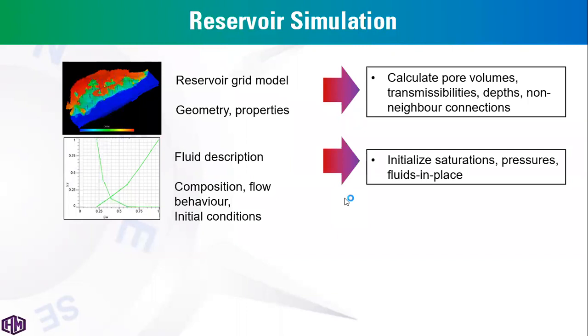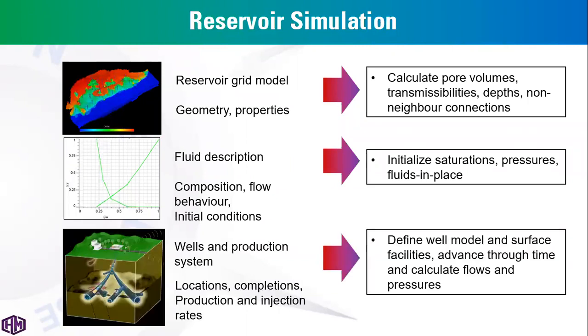So this is simply the simulator, like the Eclipse simulator or other simulators. We have specific sections or specific models. For the reservoir grid model or geometry and properties, we will calculate both volumes and transmissibilities. For properties, specifically fluid and rock properties, the simulator will calculate initial fluid saturations and pressures and in-place volumes.